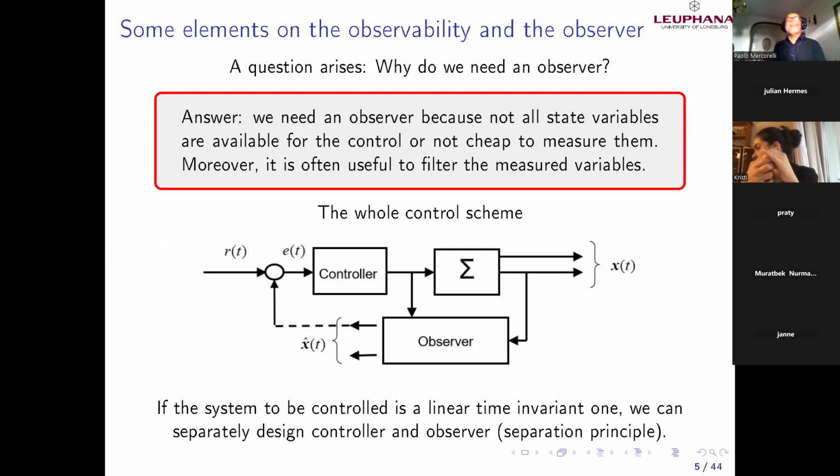Observer means just that I can monitor, I can look at what happens in some variables which I cannot measure. Variable means also, as we will see together, some parameters of the system, because the parameters are not constant. This is clear when we speak about the model.